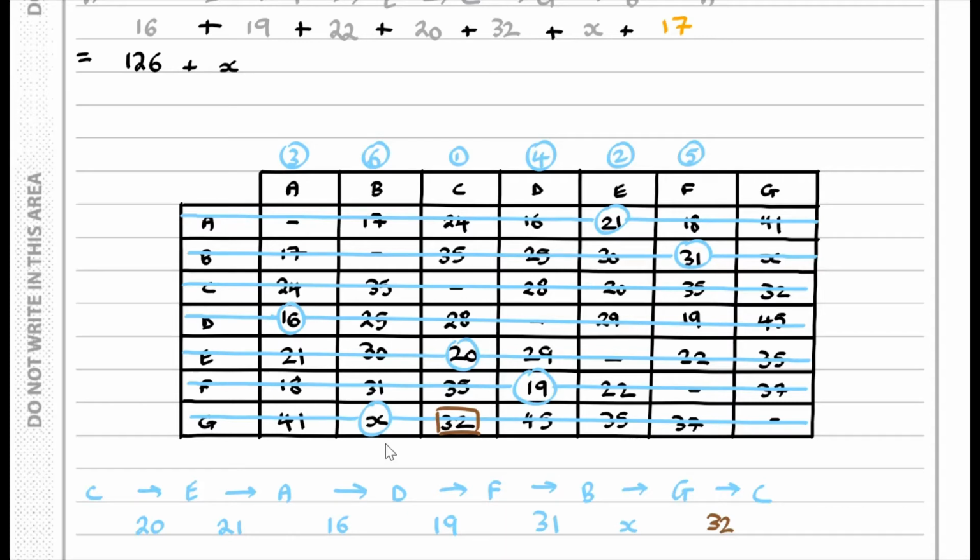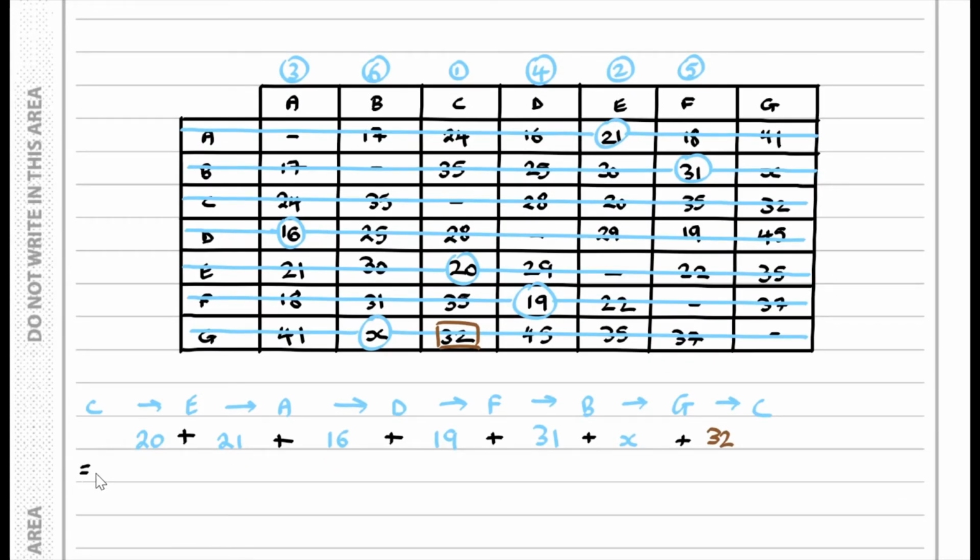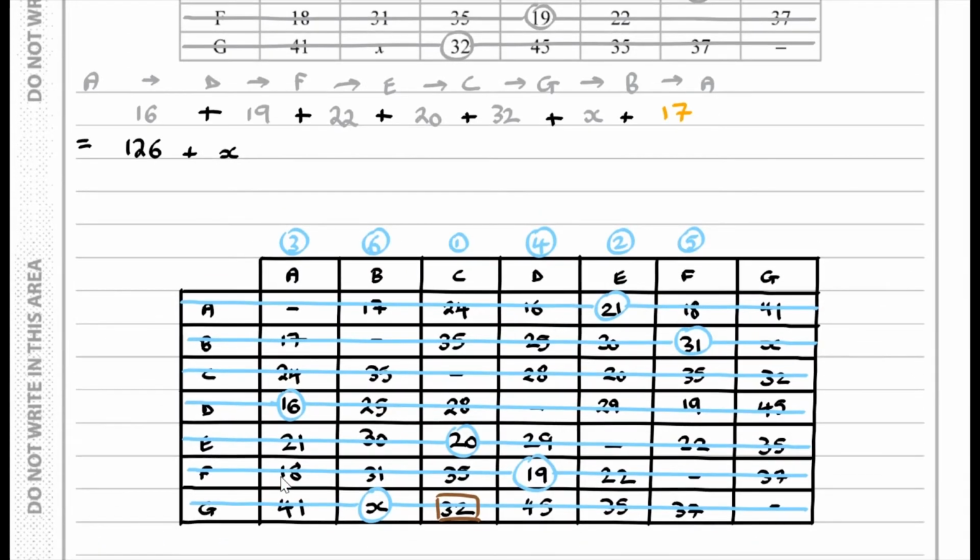And then we now add all these together, and so adding these together, you'd find we get 139 plus X. Okay, so hopefully all that makes sense so far.